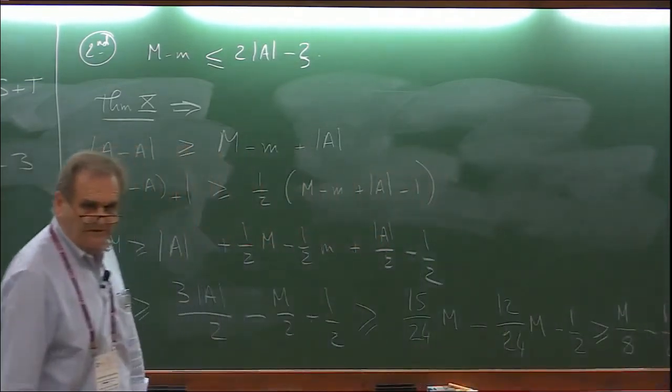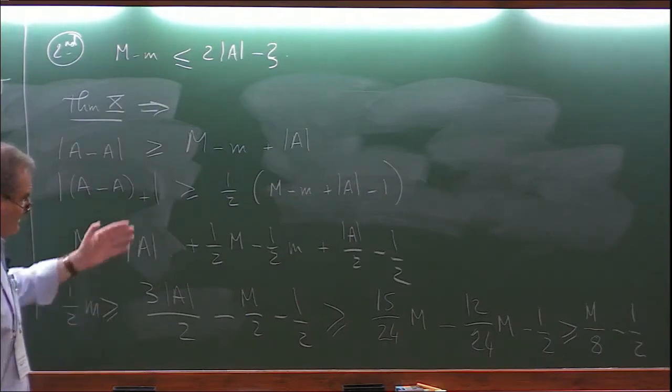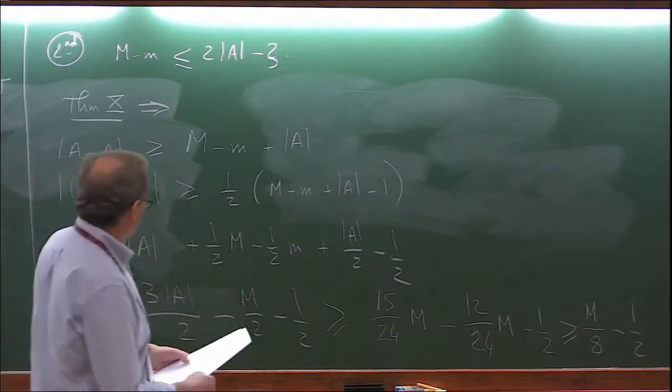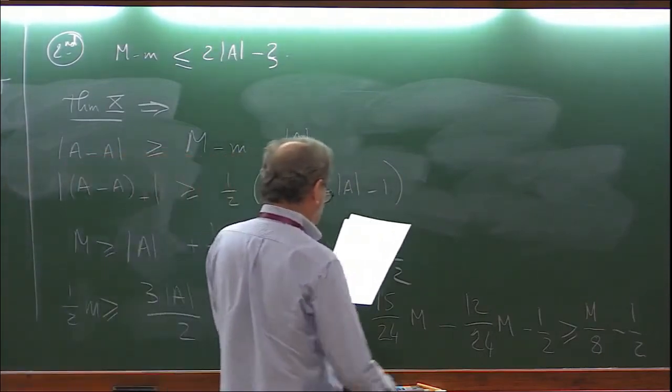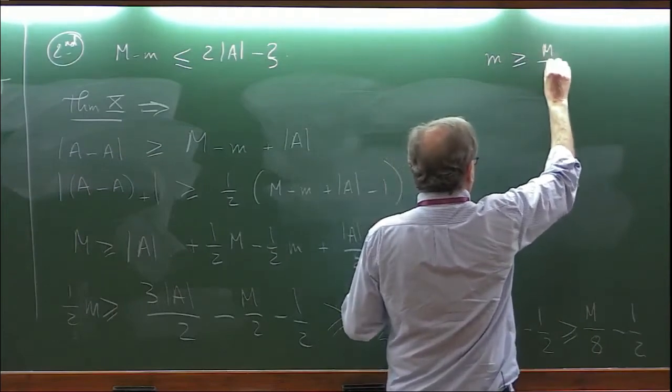Okay, 15 over 24 minus 12 over 24 is 3 over 24, which is 1 over 8. And it tells you that little m is essentially larger than 1/4 of M. So it is a first result which tells you that m is larger than capital M over 4.